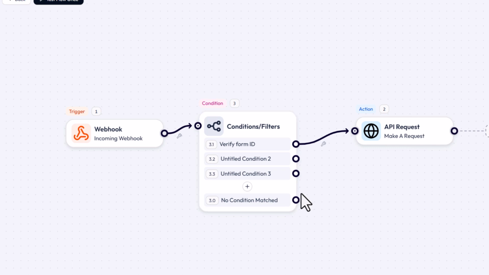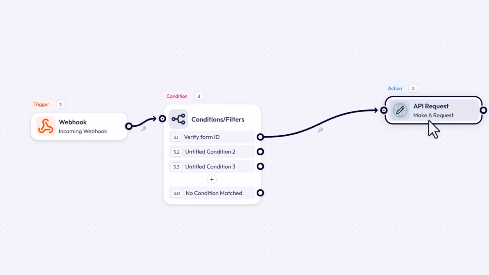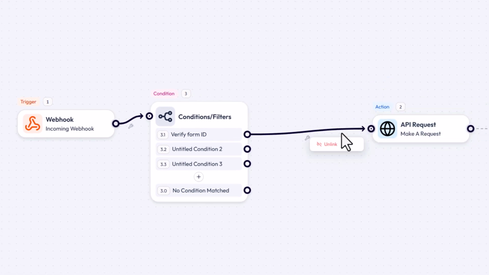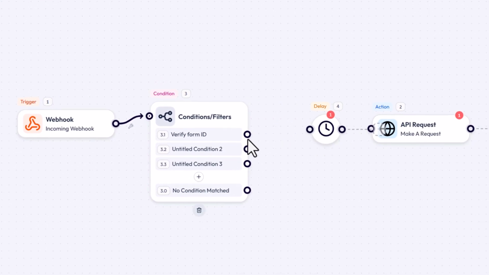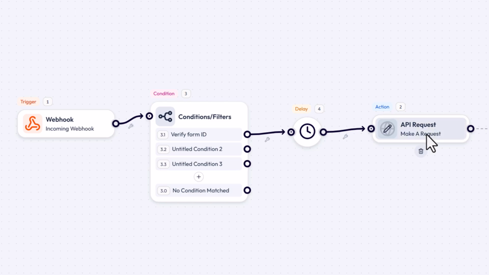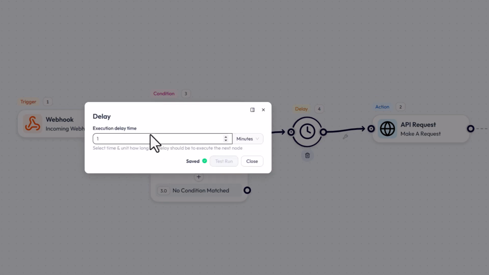You can also make this more granular by delaying your action for a period of time. For example, if we unlink this too right here and then drag in the delay tool right here, and then we link that condition right there to the delay tool and then the delay tool to the API request, we can then specify inside of that delay a number of minutes, hours, days, weeks, months, whatever.